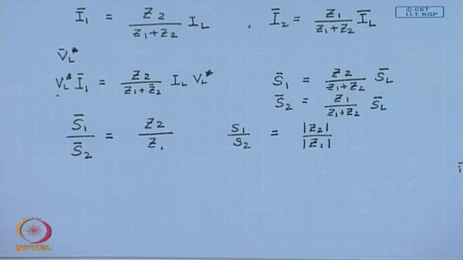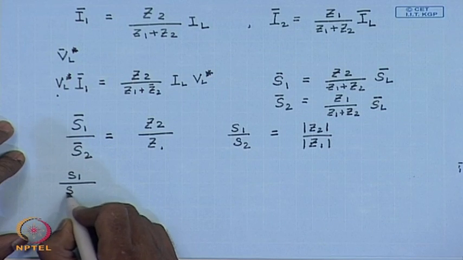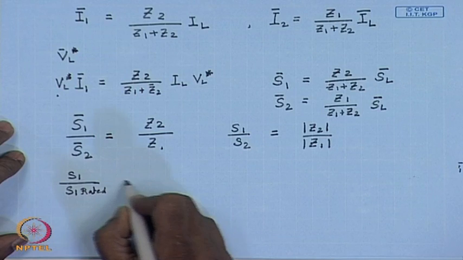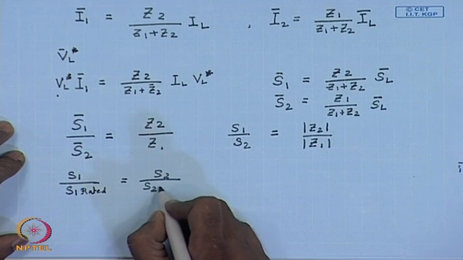Now, it is desirable that under any given total load, the transformers share the load in proportion to their individual KVA rating, which means for any given load we would want S1 divided by S1 rated should be equal to S2 divided by S2 rated.